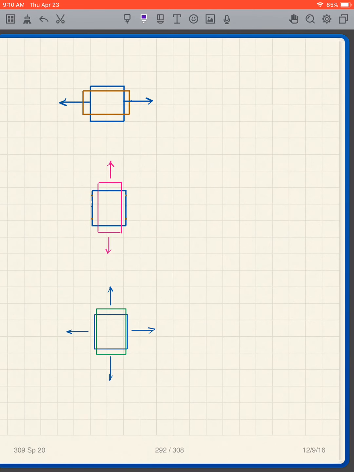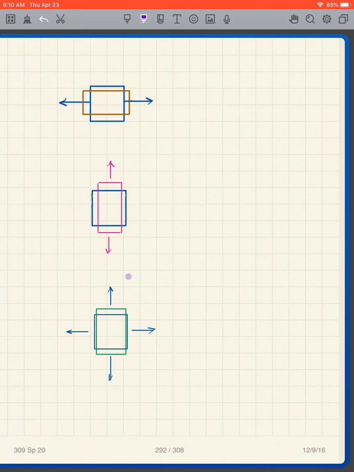So just to look at this in different directions. If I have my blue square and I apply a force in that direction, I end up with the brown rectangle. If I'm applying the force vertically on my blue square, I get the pink rectangle.